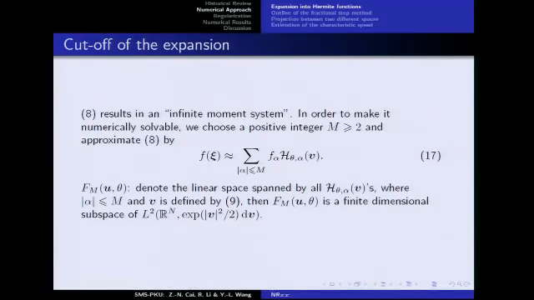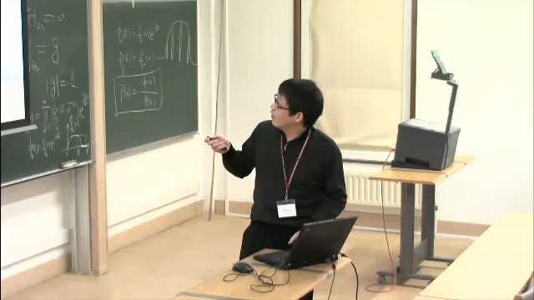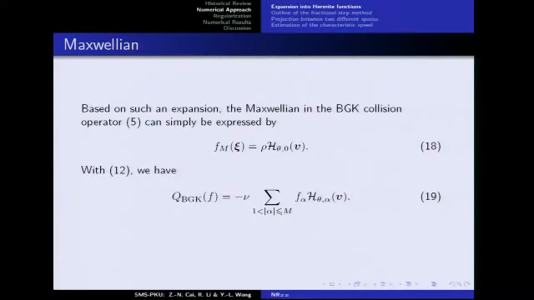Then we cut off this expansion to a finite number M, and we use this cut-off expansion in the numerical simulation. Now the collision term is very simple, since the Maxwellian is the first term of the expansion, and the collision term looks like this.